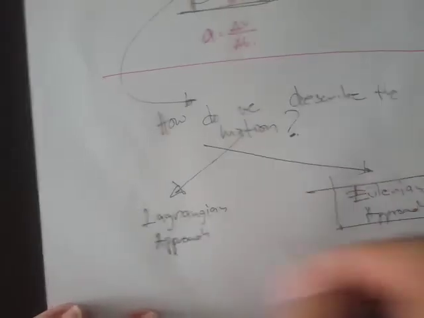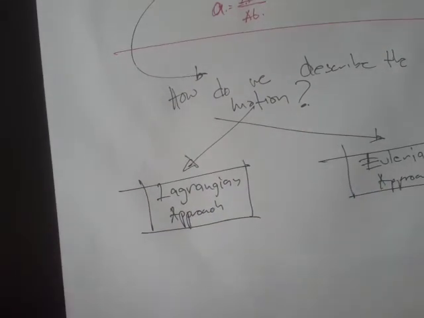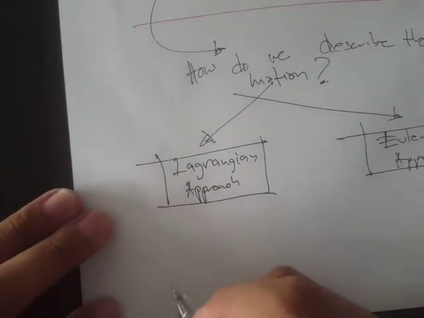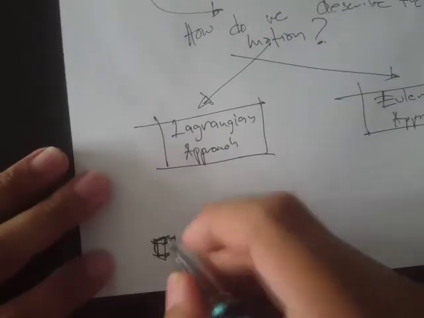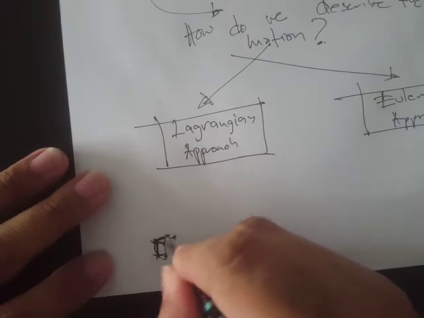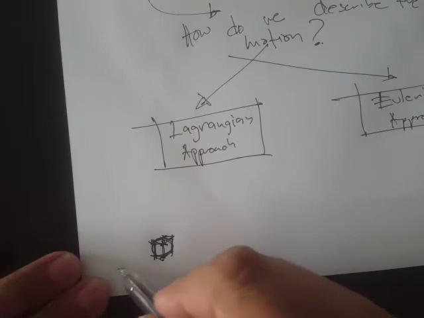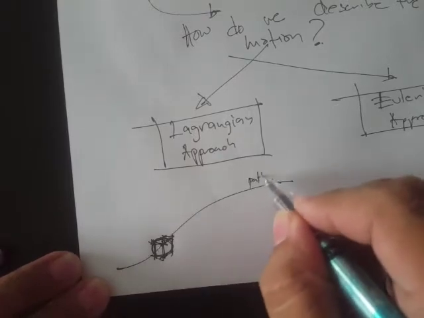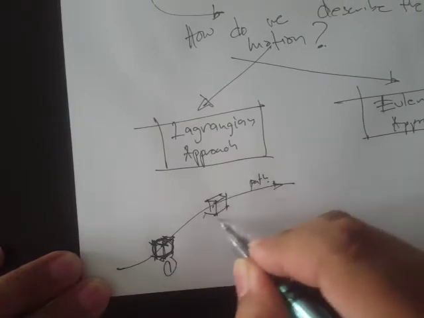These are the two approaches for describing the fluid motion, and the concept behind the Lagrangian approach is this: for example, this is our fluid element, just draw a cube right here, and this fluid element is traversing this path. This is point 1, and this is our point 2.